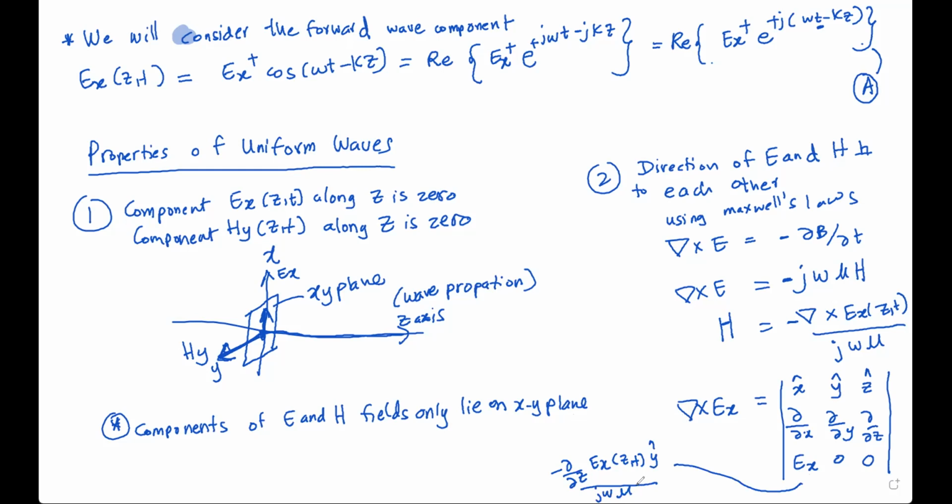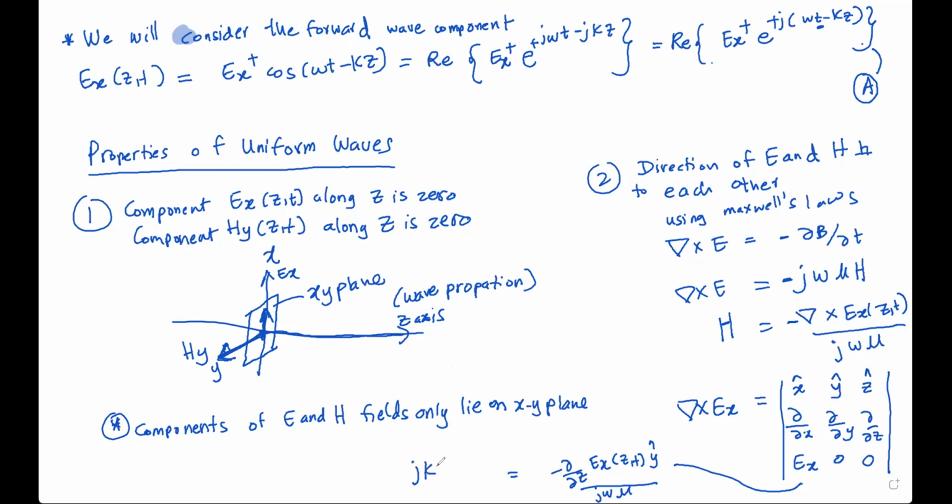Okay. So after that, you can actually substitute the result that we obtained earlier, which is dabba over dabba z is equal to minus jk, right? So I can substitute minus jk in here, and then minus jk, and this minus will cancel out.